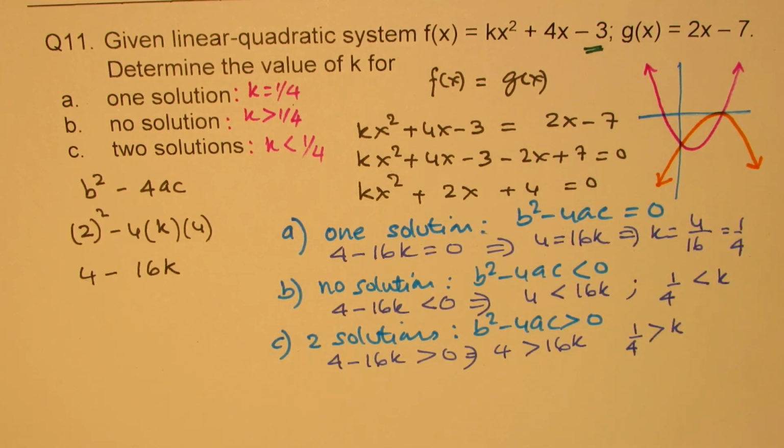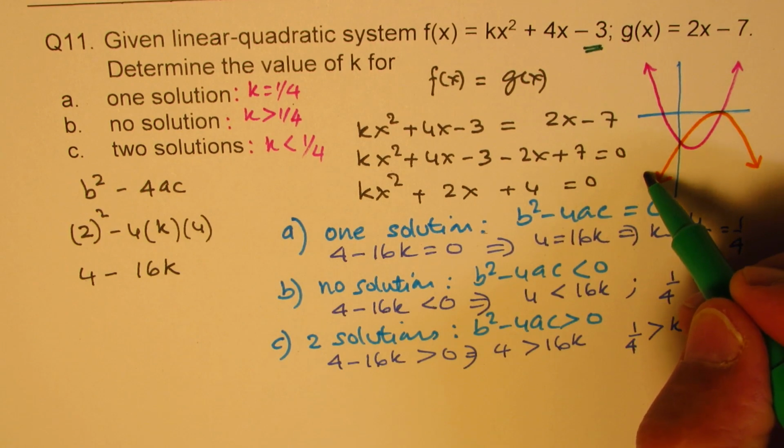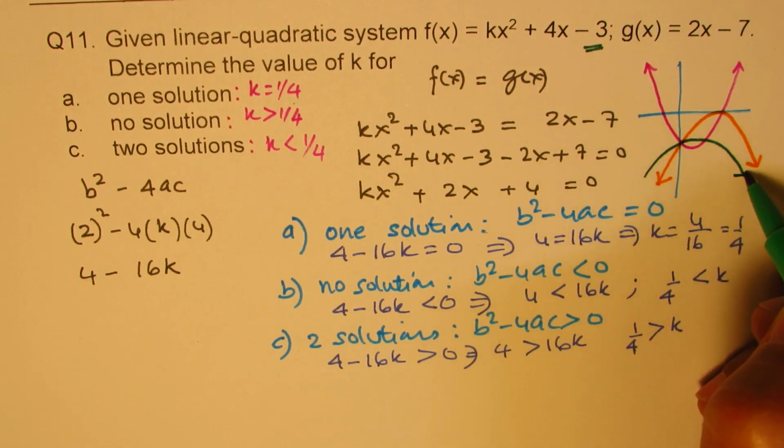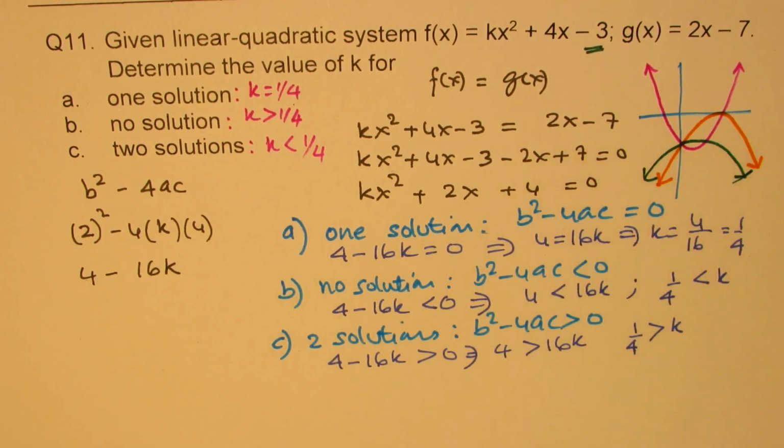So we have different situations where you may get one solution or no solutions, and something like this may give you no solution, right? So that gives you a fairly good idea of what value of k could be for different kinds of situations, right? So with that, we end this test paper.